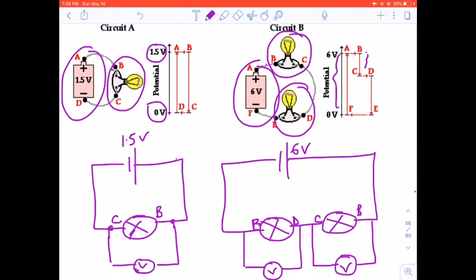And a certain voltage drops here and a certain voltage drops there, which is then equal to the total voltage of the cell.